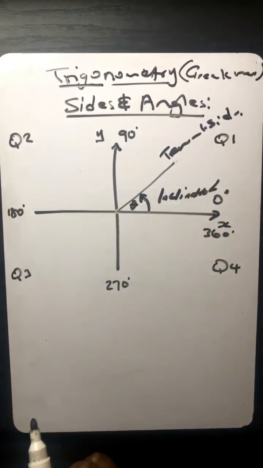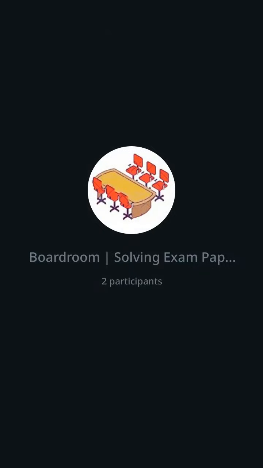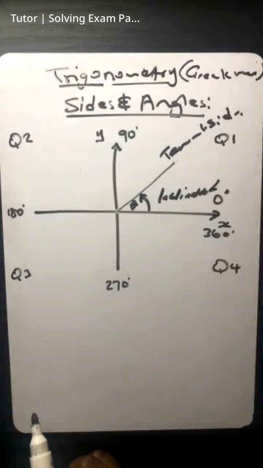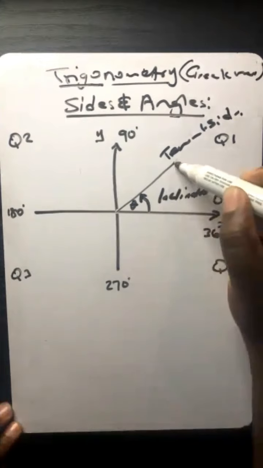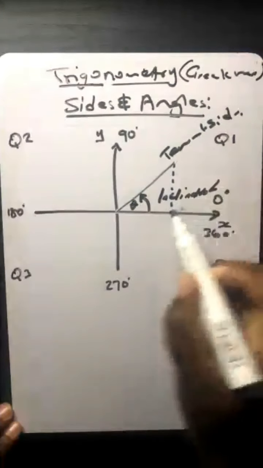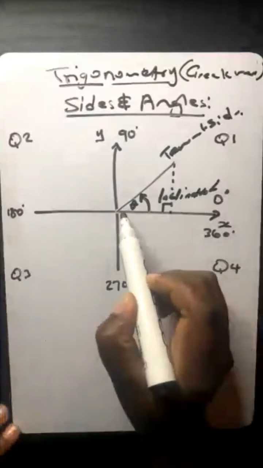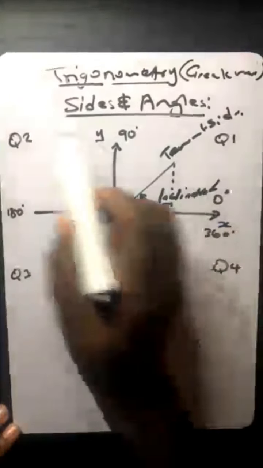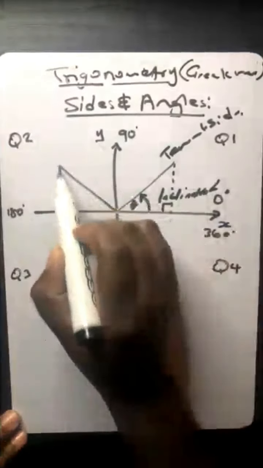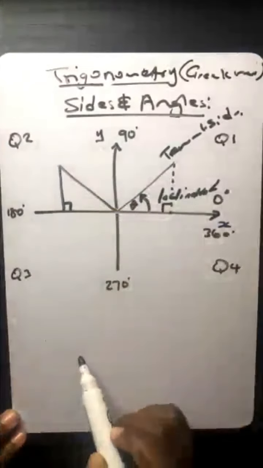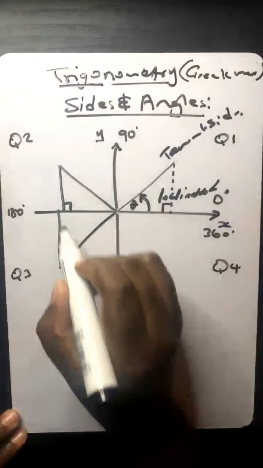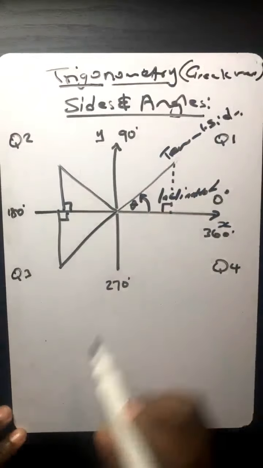Something you also need to be aware of is that in a right angled triangle, each side has a specific name. So this is that right-angled triangle on a Cartesian plane. To represent a right-angled triangle in the second quadrant, you are going to have something similar to that.